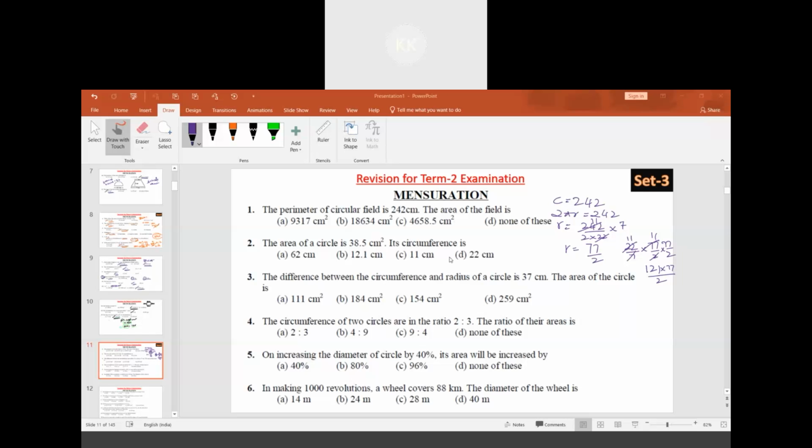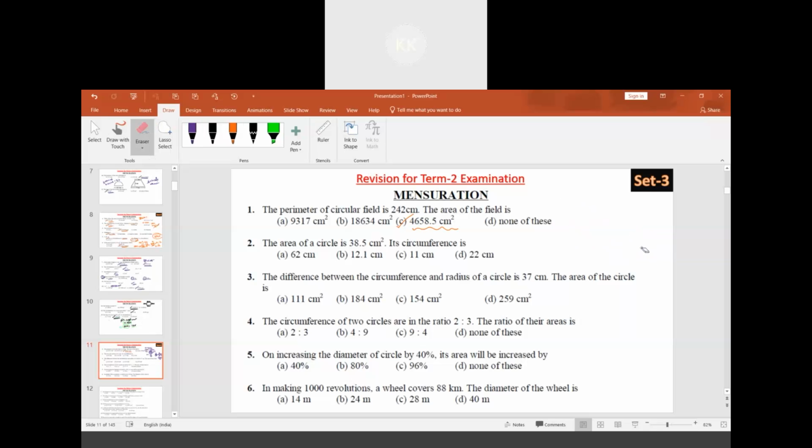When you divide by 2, it is 4658.5. It is there in option C, 4658.5 centimeter square. So first we find the radius, then we find the area.